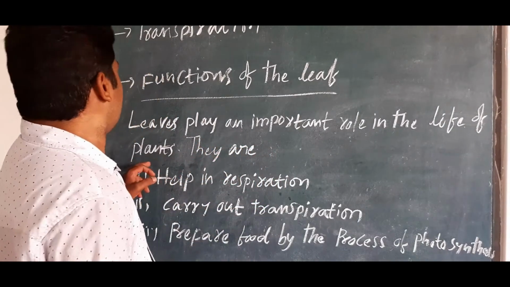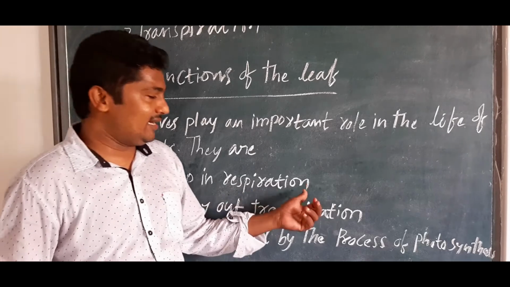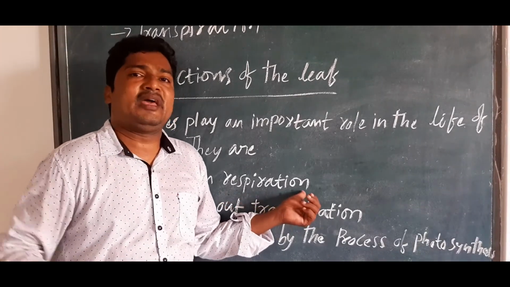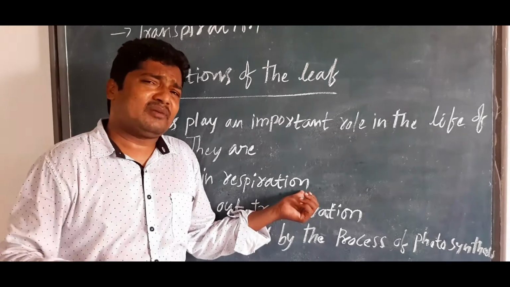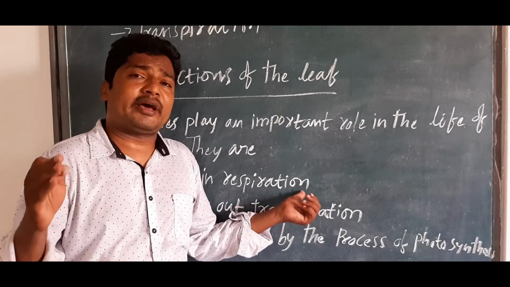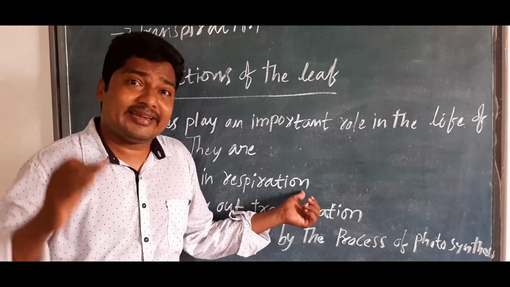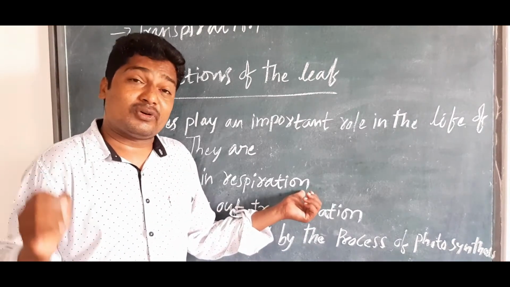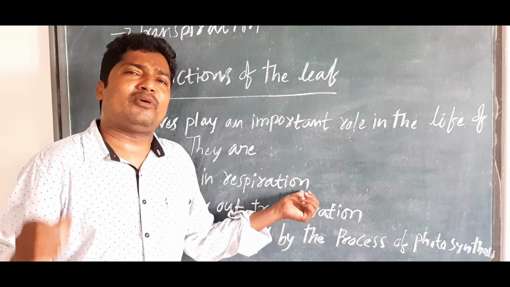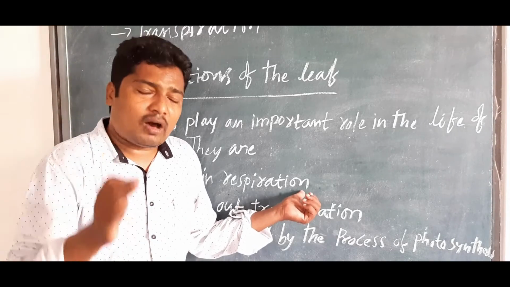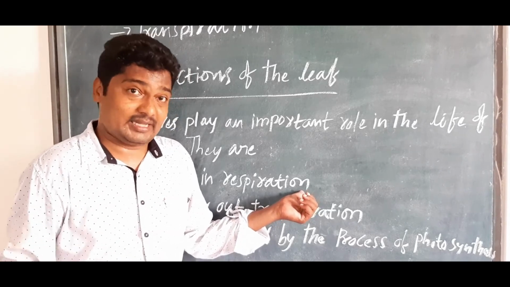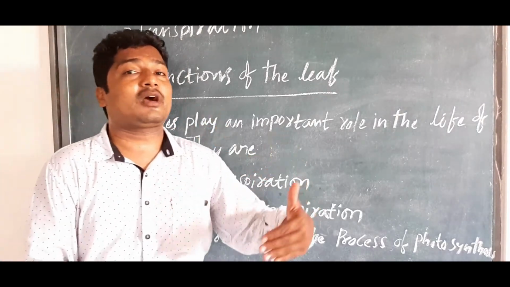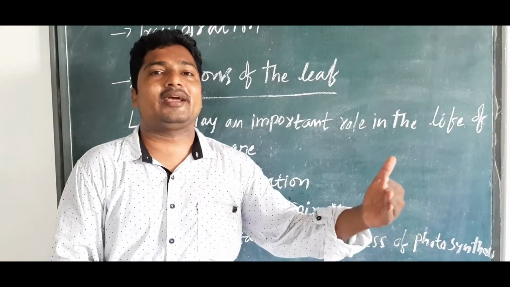Let's see. Leaves help in respiration. This is a new thing. Children, once again I say that carbon dioxide is needed only during photosynthesis. The rest, oxygen and the excess carbon dioxide, has to be taken out.